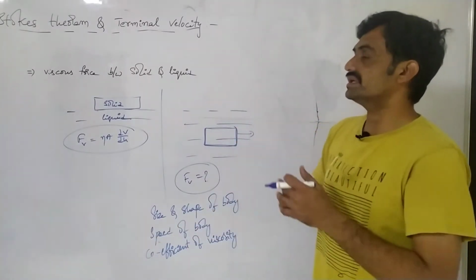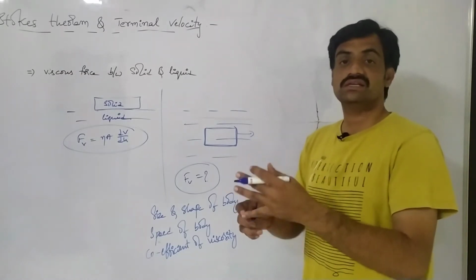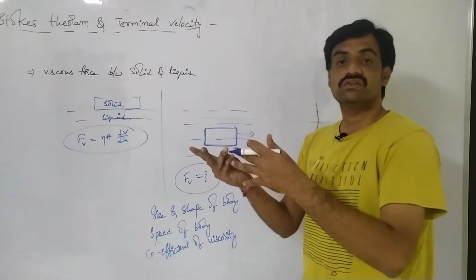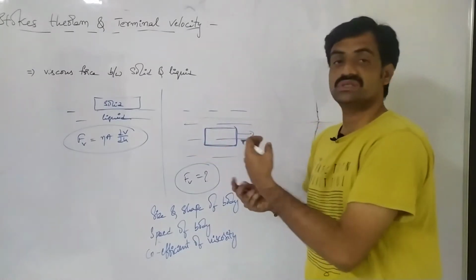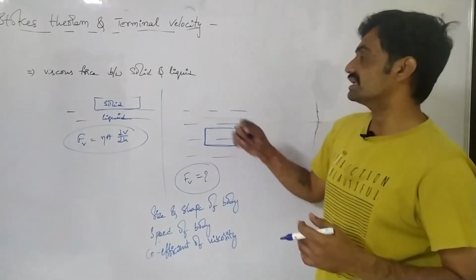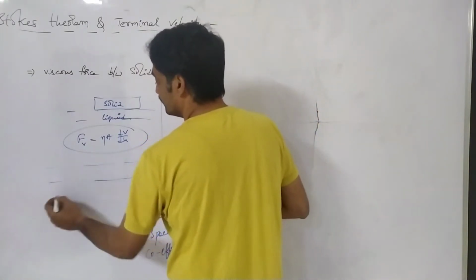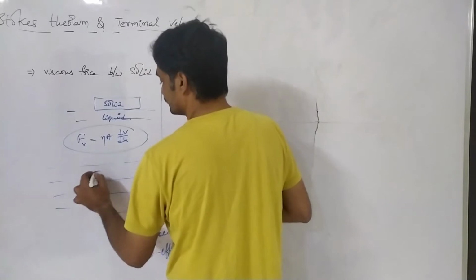So Stokes considered a sphere so that it is easy for everyone to understand as well as to represent the expression. Let us consider a sphere within the fluid.